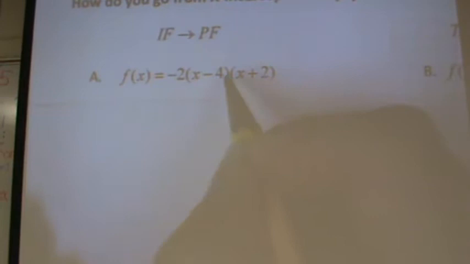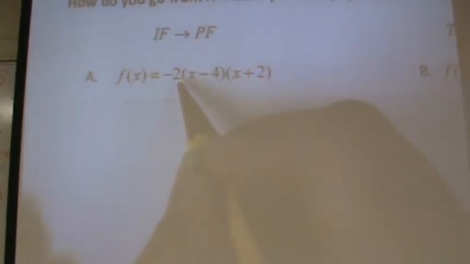What two things do you get from x-intercept form? You get the x-intercepts, which in this case would be (4, 0) and (-2, 0). It's the opposite of these. And you also get that a value. If it's positive, it's going up. If it's negative, it's going down, right?